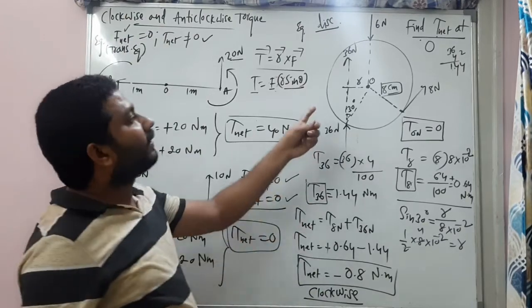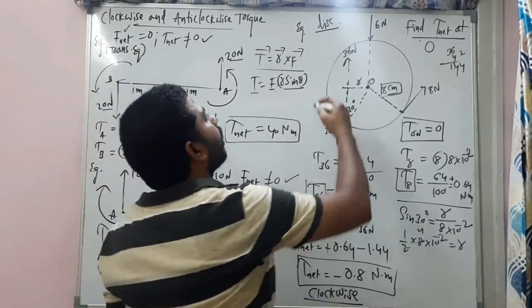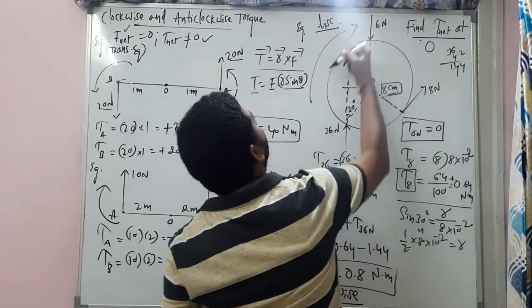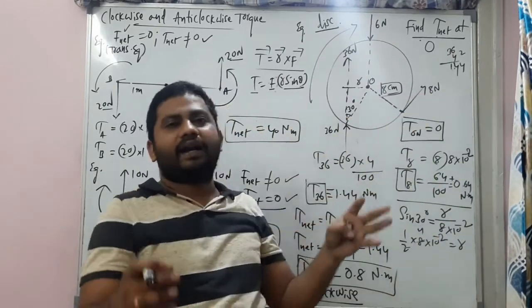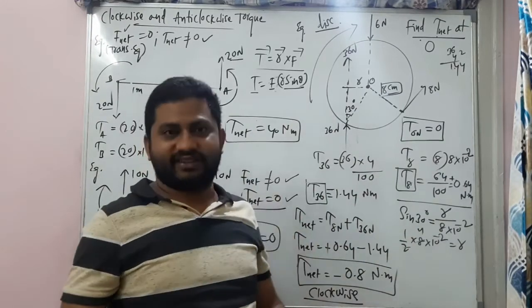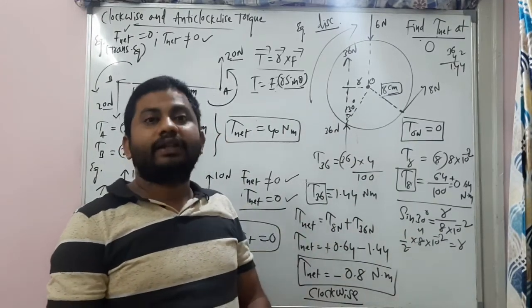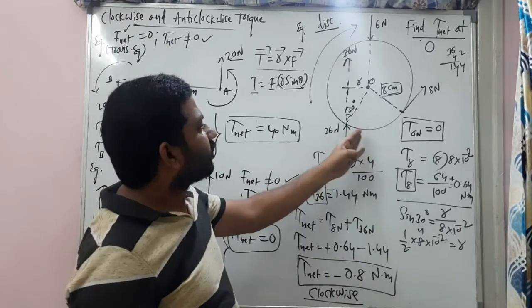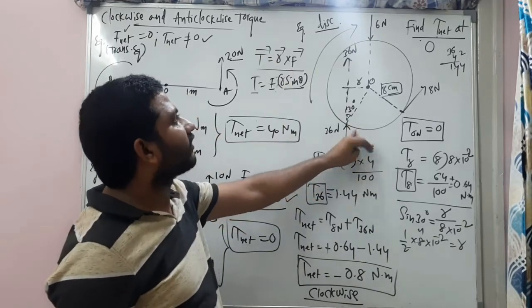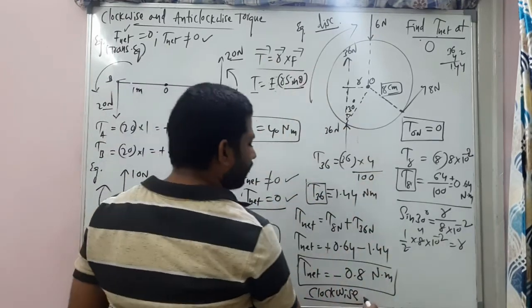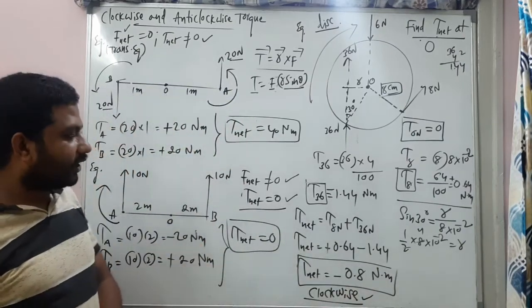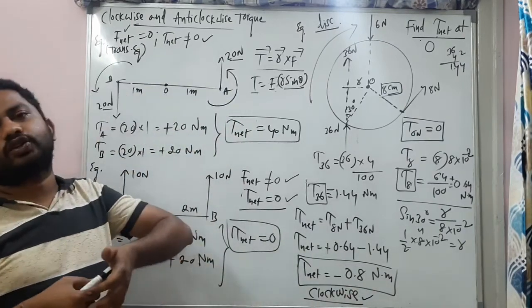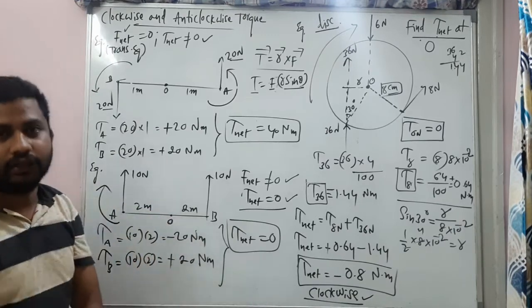So this complete disc is moving in the clockwise direction due to three forces, 1, 2, 3, acting in different ways. But still, using the concept of net torque, we have concluded that it's moving in the clockwise direction with the torque minus 0.8 Newton meter. Minus indicates only the direction, my dear children.